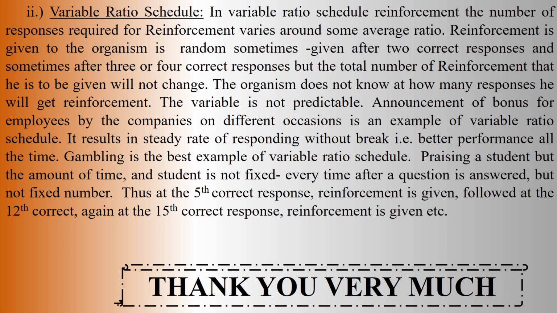Praising a student, but the amount of time is not fixed, every time after a question is answered but not a fixed number. Thus at the fifth correct response, reinforcement is given, followed at the 12th correct and again at the 15th correct response, reinforcement is given, etc.